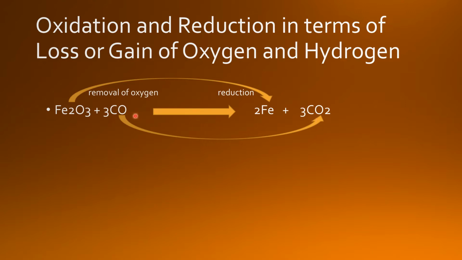Here the number of oxygen atoms is 1 in carbon monoxide, and in carbon dioxide the number of oxygen atoms is 2. So oxygen is added in carbon monoxide. So we will say that oxidation is taking place in carbon monoxide and it changes into carbon dioxide.